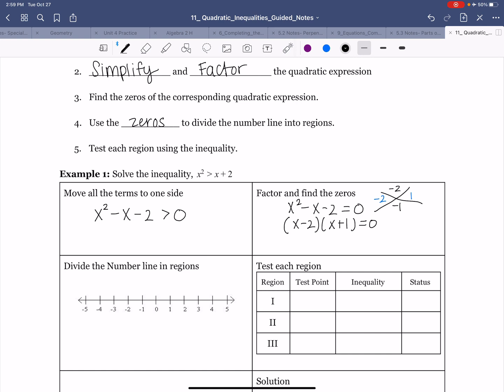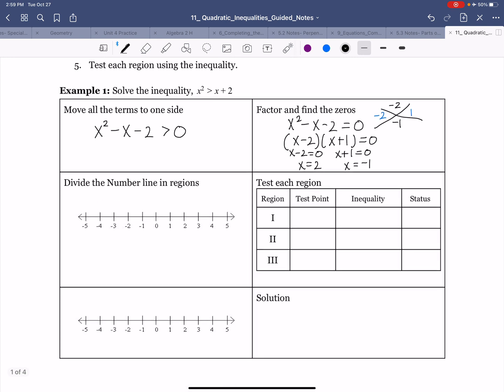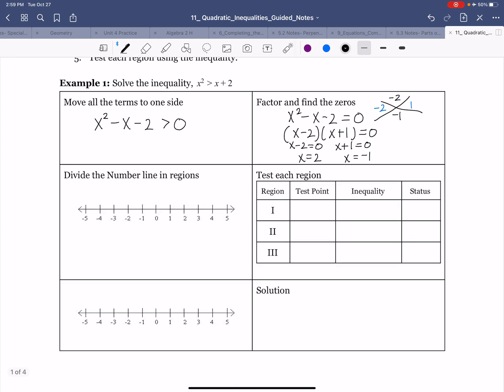Okay, and then to solve this, we set each one equal to 0. So x minus 2 equals 0, so x will equal 2. X plus 1 equals 0, so x equals negative 1. All right, so now we're going to divide our number line into these regions. This middle section you guys are able to skip, but I'm just listing it out to show you what's going to happen.